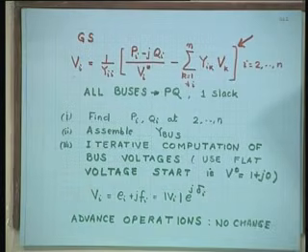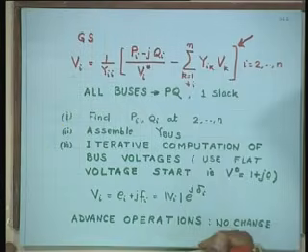Having assembled Y bus, again for a working system, you do not have to do this again and again, unless there is a change in Y bus. That means there is a change in topology. That means either a new node is added, or an existing node is removed, or a new line is added; otherwise Y bus will remain the same, right.